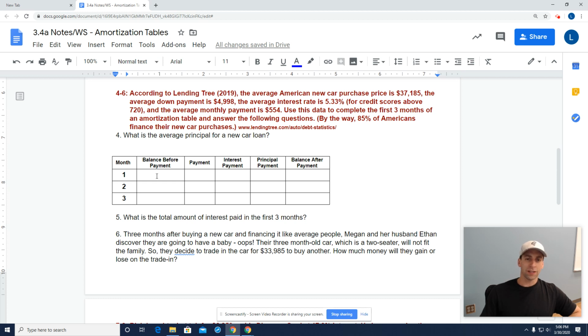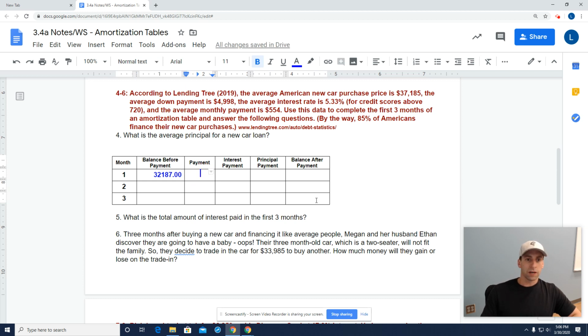So our balance is going to be, take the purchase price of $37,185, and we're going to subtract the down payment of $4,998. So go ahead and do that. Take your $37,185, and we subtract $4,998, and we end up with a balance for the loan of $32,187.00.